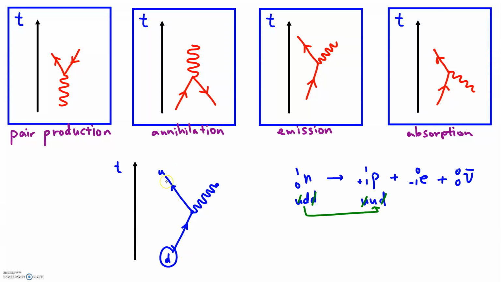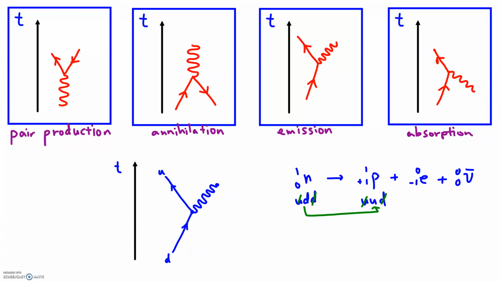It's changing from down to up, but this is a picture for emission. Then, forget this stuff for a minute. Forget this and this. Now what we're going to do is draw pair production. Because this exchange particle turns into the matter-antimatter pair.